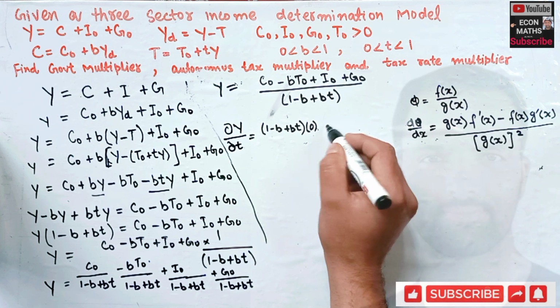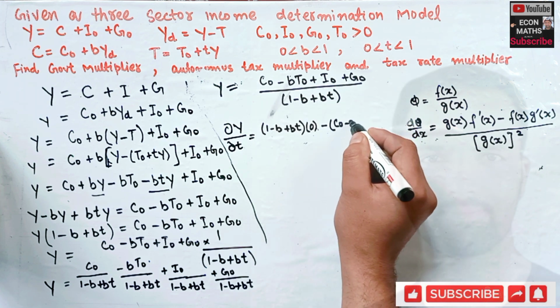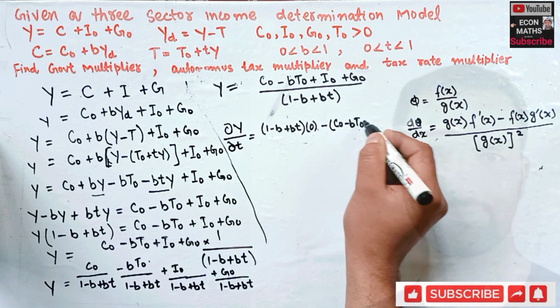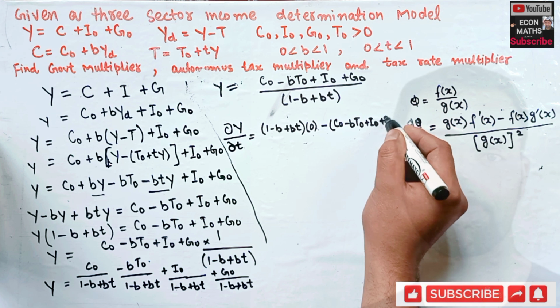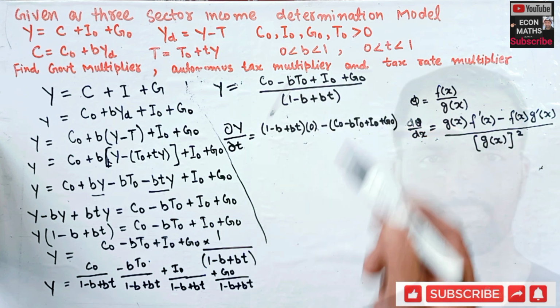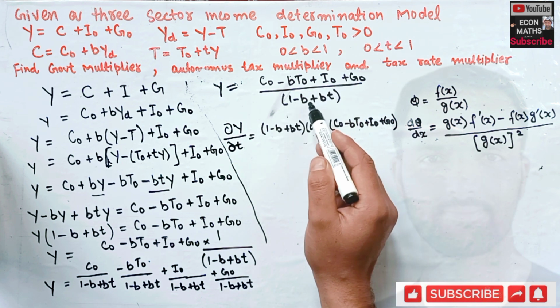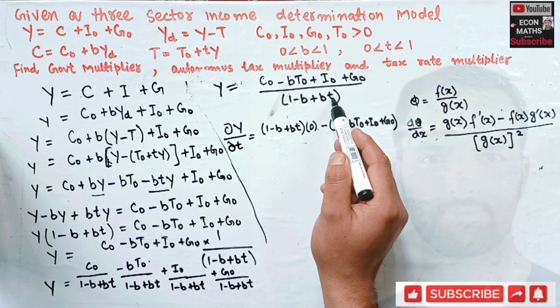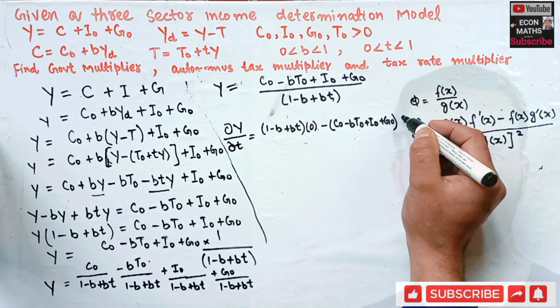Then we have minus this term, that is c naught minus b t naught plus I naught plus g naught, okay. So we write this fx as we have this term here and take the derivative of this very term. Here we can see we have only t in the last term. The derivative of t is 1, so we are left with only b, okay. So we have b here.